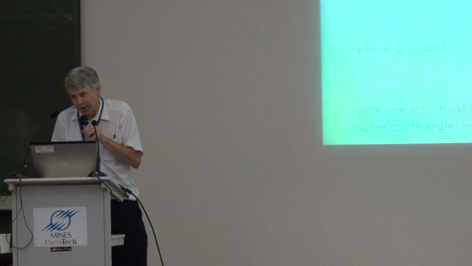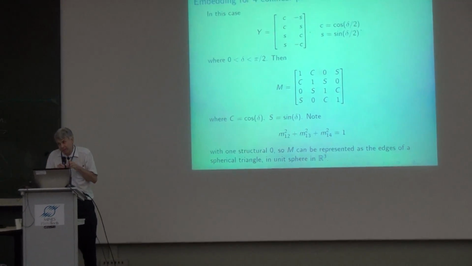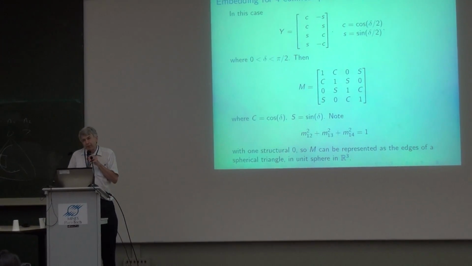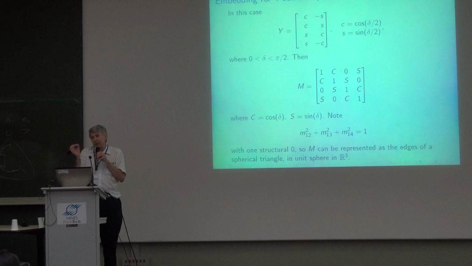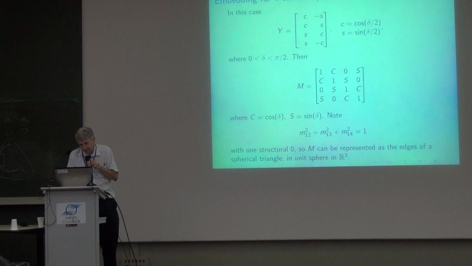So each row of the matrix, if I ignore the diagonal element, I've got 3 numbers, C, 0, and S, 3 numbers whose sum of squares is equal to 1. So that means I'm sitting on the sphere in 3 dimensions, but I've got a structural 0 on that sphere as well. So really I'm sitting on a great circle, or really one of 3 possible great circles, depending on where that structural 0 is.